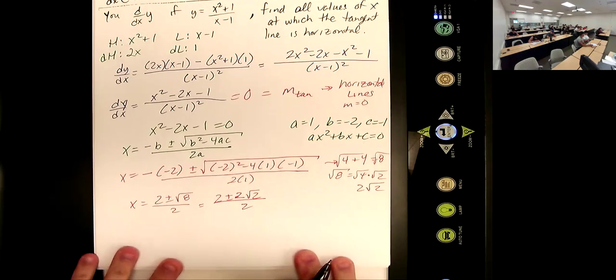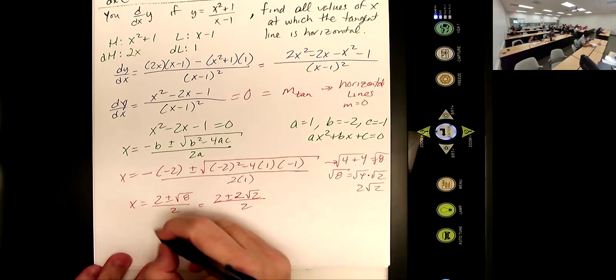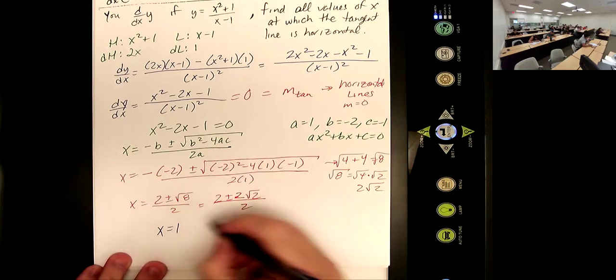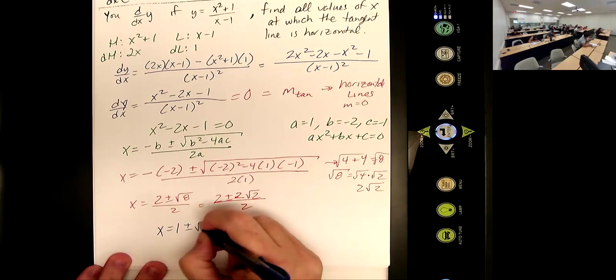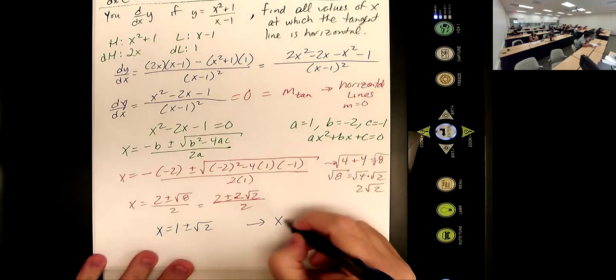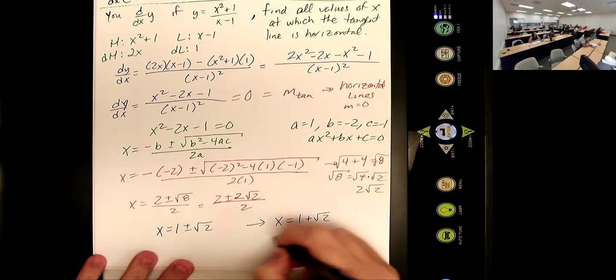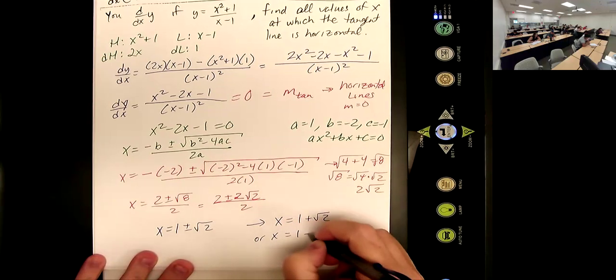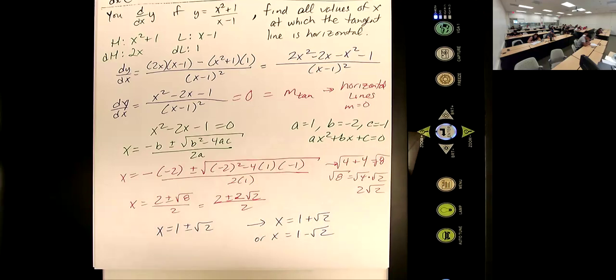And now the 2 on the bottom divides evenly into everything on top. As a reminder, that is 2 different answers.